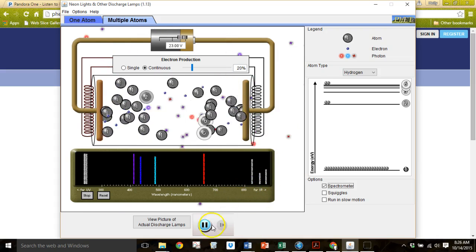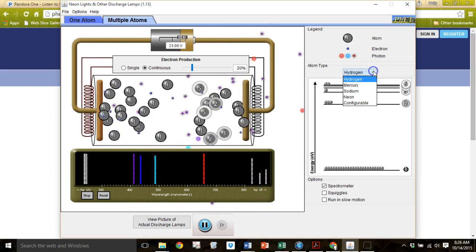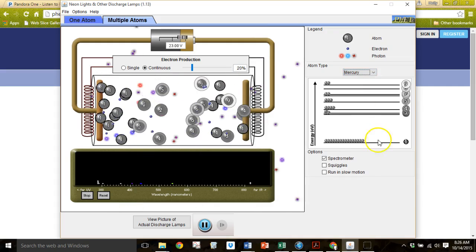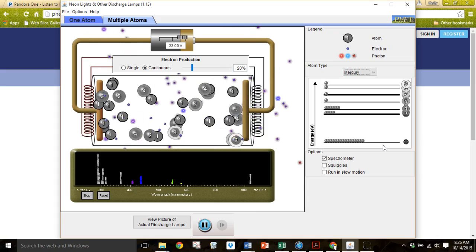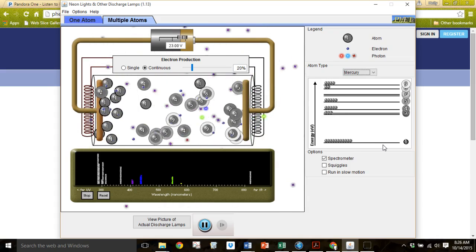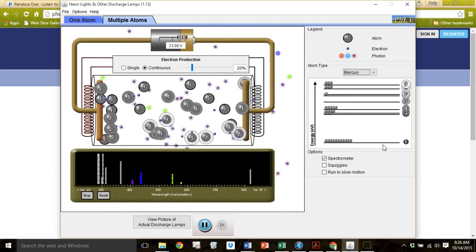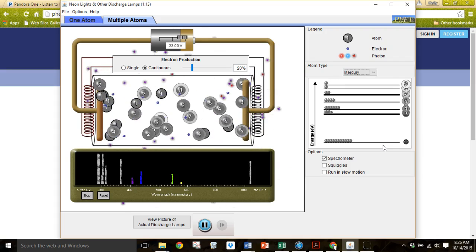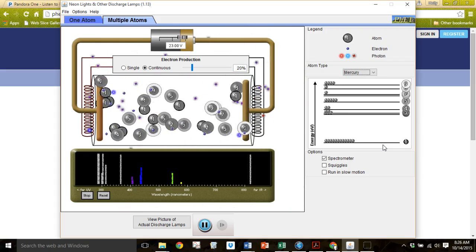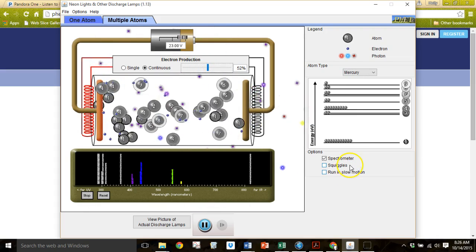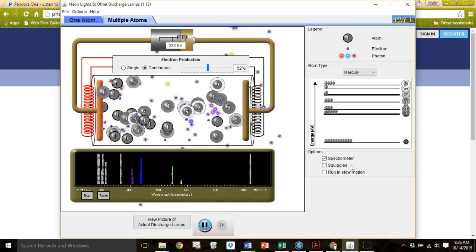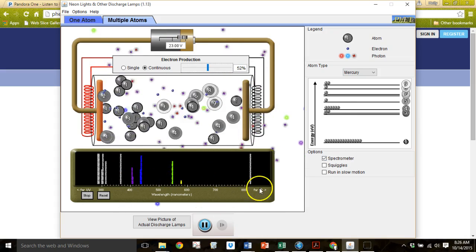Okay, so that's hydrogen. We are going to do mercury next. There that is. I'll amp up our production here. Go faster. There, you can see your colors coming out. Document those.